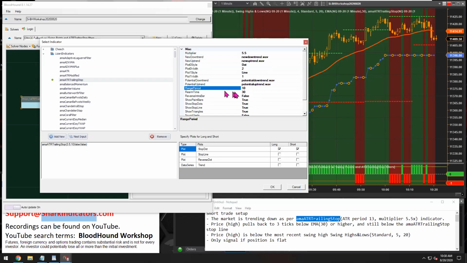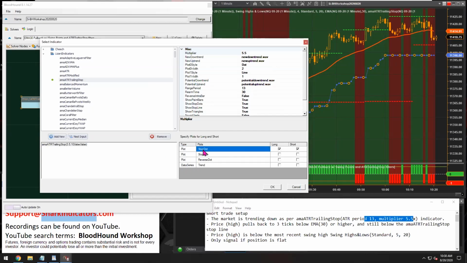I think the range period is the ATR period. So what are we using here? 13. All right, so we're using an ATR range period of 13, and the multiplier we changed to 5.5, per the question that was emailed in.